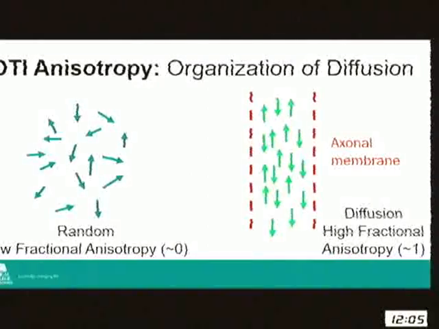As was mentioned earlier, anisotropy looks at the organization of the diffusion of water. So on the left-hand side, you see that there's very random diffusion of water and low fractional anisotropy. And on the right, where there are axonal membranes, there's high fractional anisotropy and restricted diffusion.